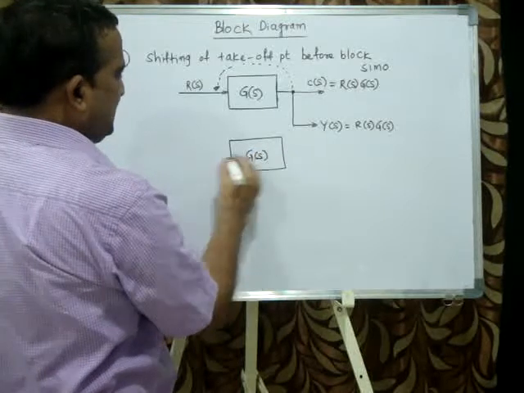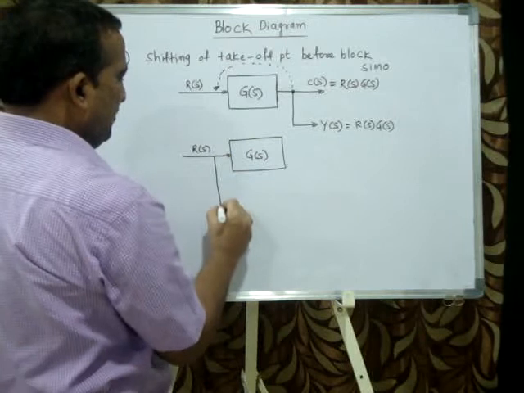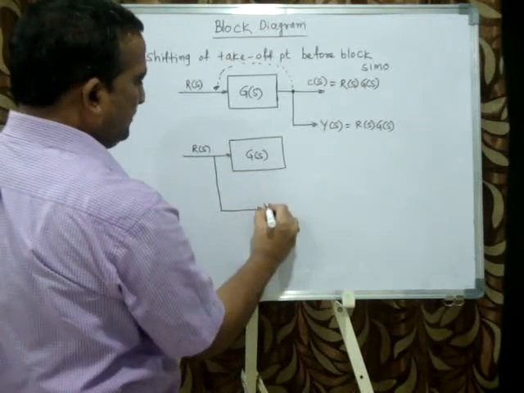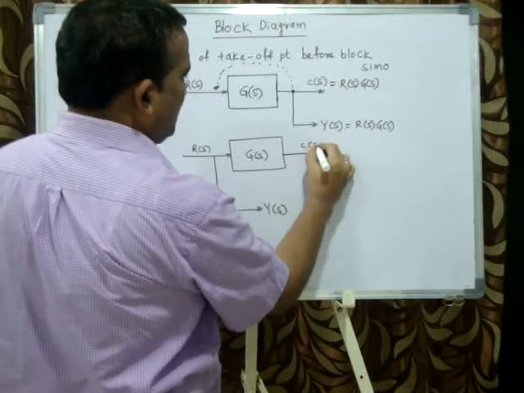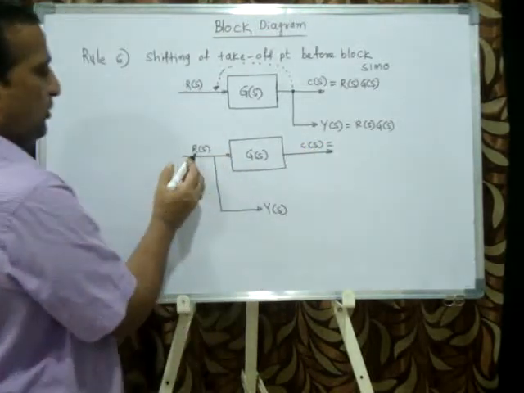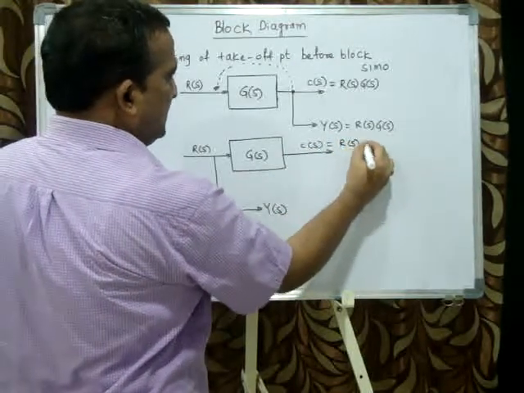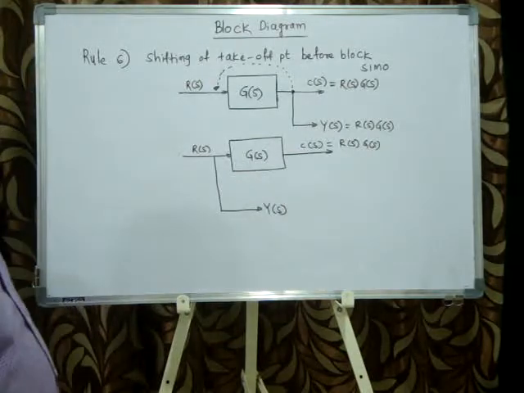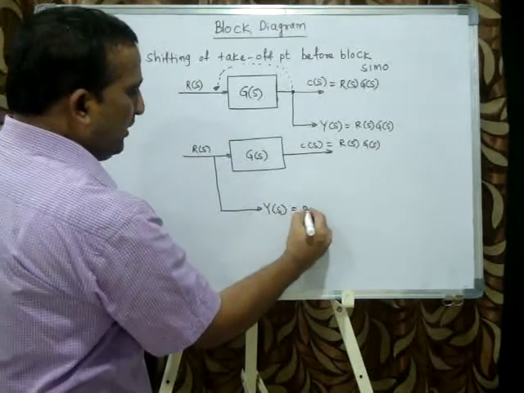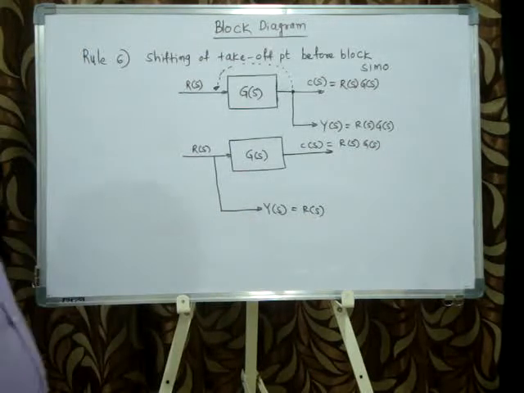Now, you see what changes are required. This is G of S, here this is R of S. Now C of S equal to this input into G of S, same output, same temperature that you are getting, but here you are getting cold water because it is R of S. So what am I missing?